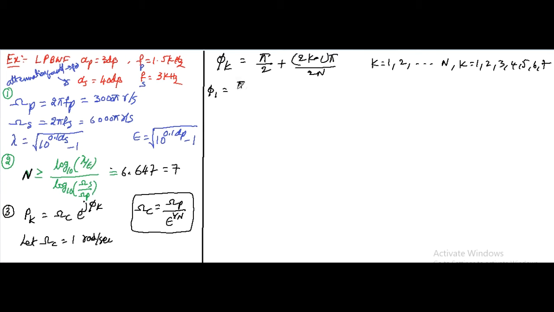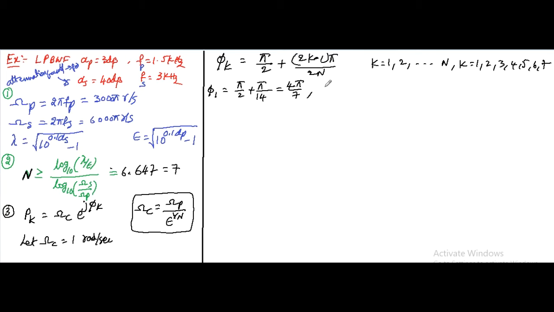K is 1, then pi by 2 plus (2 minus 1) is 1, so pi by 2 into n. N is 7, so it becomes 14. So pi by 2 plus pi by 14, then the value becomes 4 pi by 7.